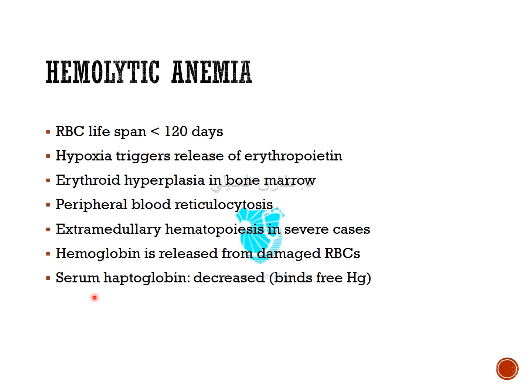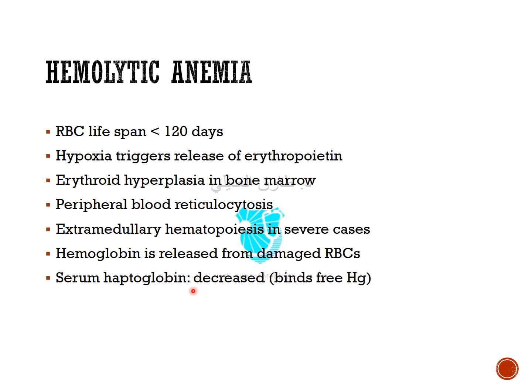One of the tests that is useful in diagnosing hemolytic anemia is to measure haptoglobin. Hapto means liver, so this protein is synthesized from the liver. Okay, and this one binds the free hemoglobin after it is released from the RBC.